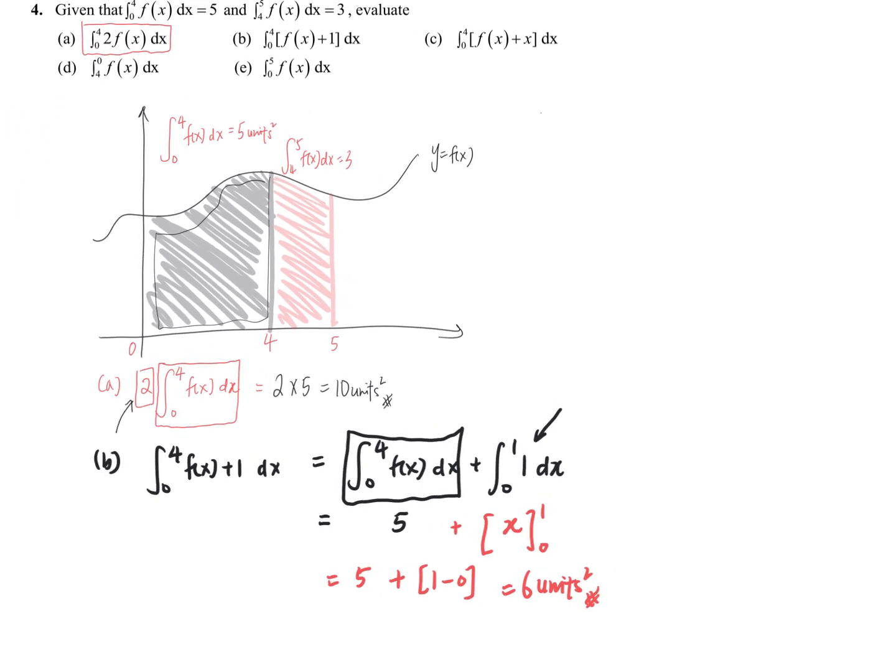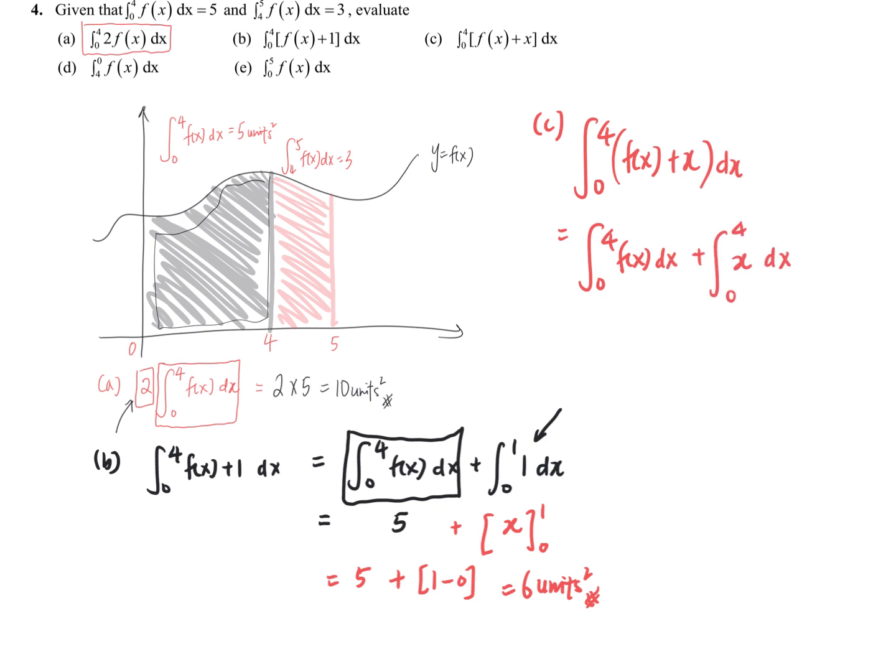Okay, so it's just like asking you to find area. Same thing, this one you split into 2. You can always integrate them separately. The first part you know is 5.